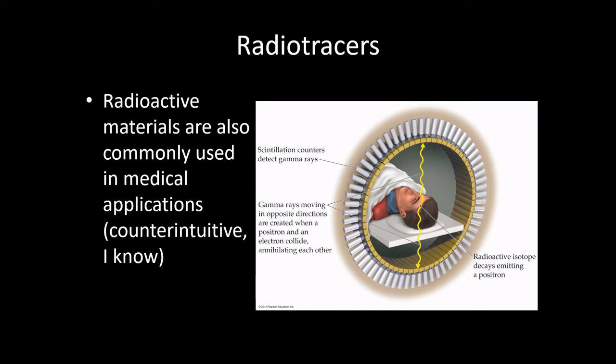And it's going to give you a burst of two gamma rays shooting out in opposite directions, and that gamma ray burst going off in opposite directions can be detected, and based on which detector sees it and the time differential from one side to the other, they can actually image all the dimensions of where those gamma rays were produced in the first place. So they can map out where those radioactive isotopes were taken in the body, which is really cool and also kind of really scary.